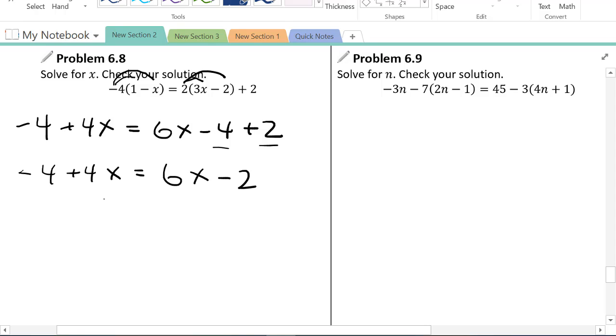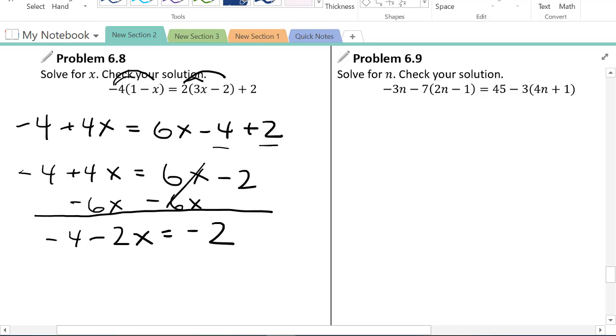Now I'm going to bring all the variables to the left. Minus 6x, minus 6x. Right, that cancels. We're left with negative 4. Positive 4x minus 6x is a negative 2x equals negative 2. Bring the 4 over, plus 4, plus 4.